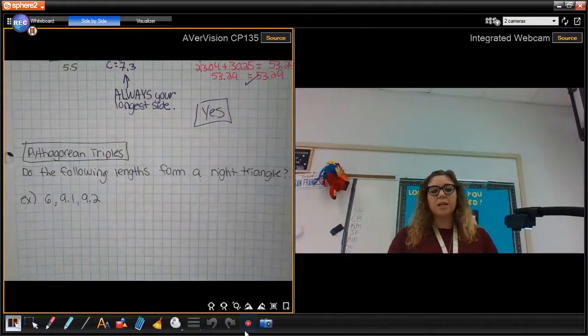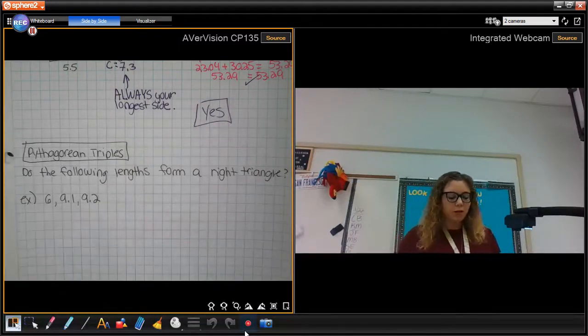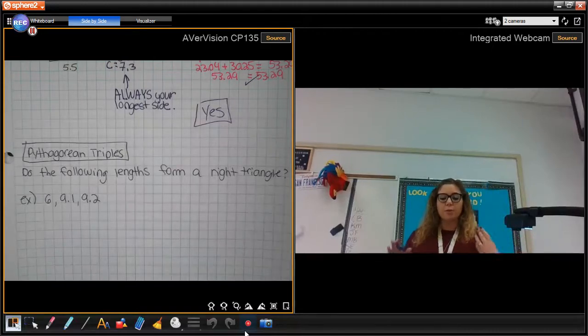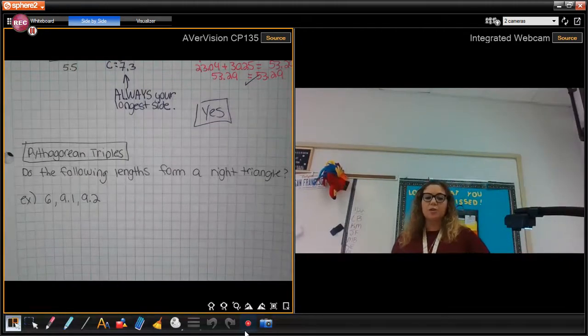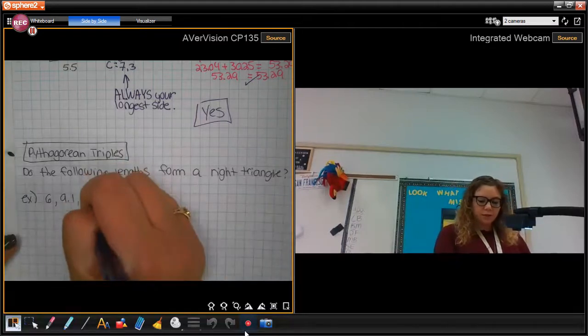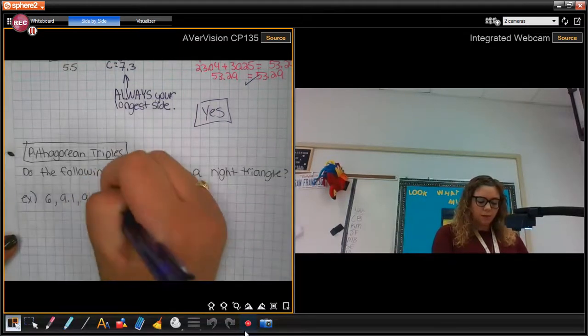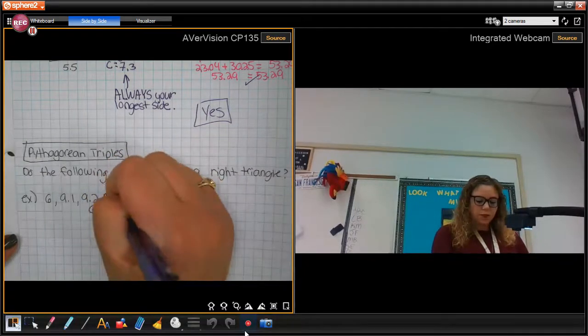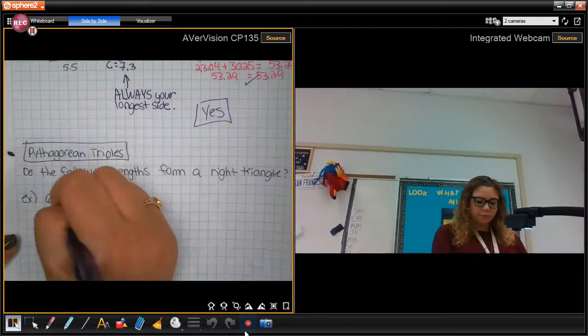Sometimes we're not given a picture, sometimes we're just given these lengths, and we're going to have to identify A, B, and C. Remember, C is always your hypotenuse, and your hypotenuse is always the longest length. So which one of these has the longest length? 9.2. So we know this is going to be C because it's always going to have the biggest number. Your legs don't matter.